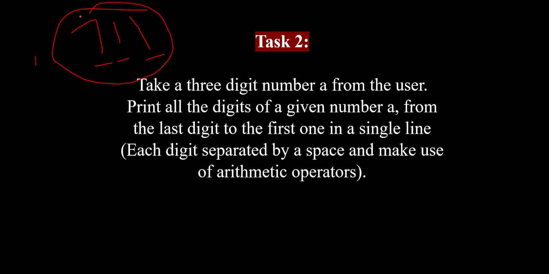Let's say firstly I want to fetch the 7. How can I do that? I need to divide the entire number. Which division am I supposed to consider? A floor division. That floor division will give me a 7. Let's understand this. Let's move to code first.